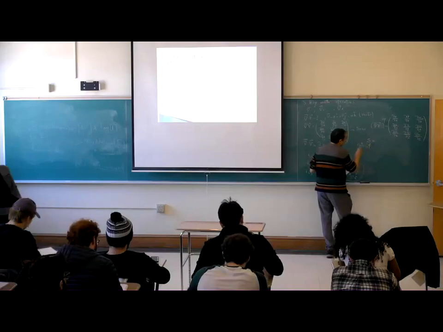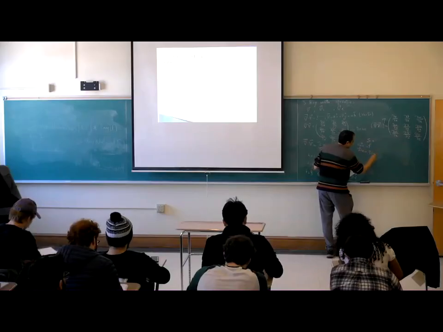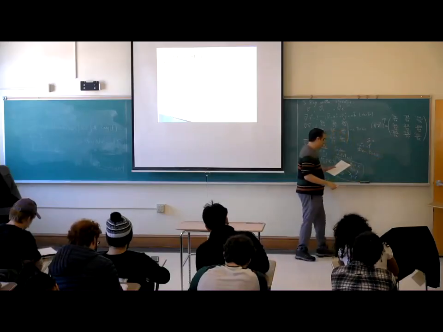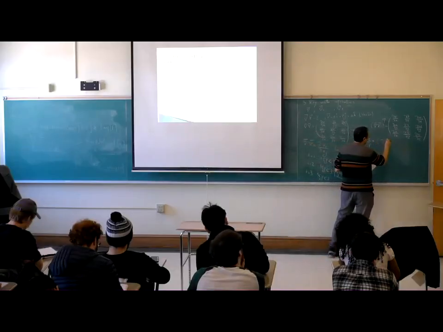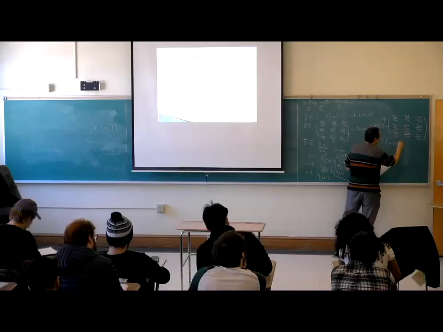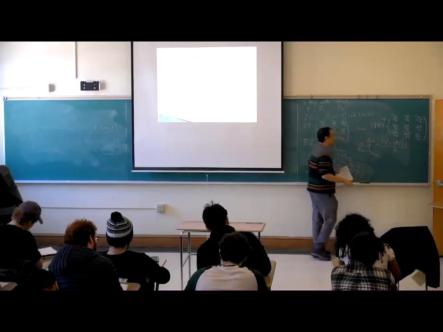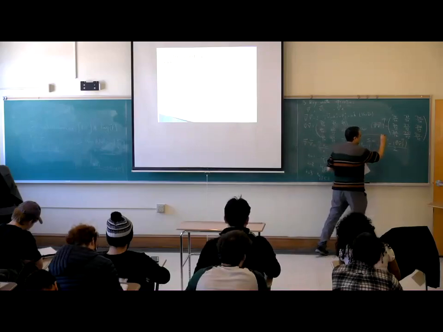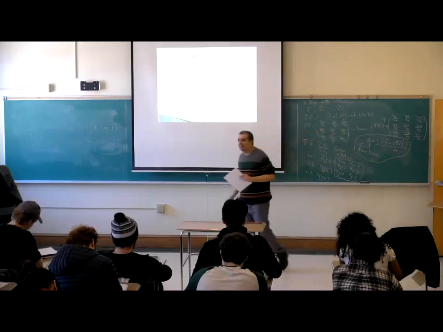Rate of strain tensor equals grad V plus grad V transpose, divided by 2. It is the rate of strain tensor.